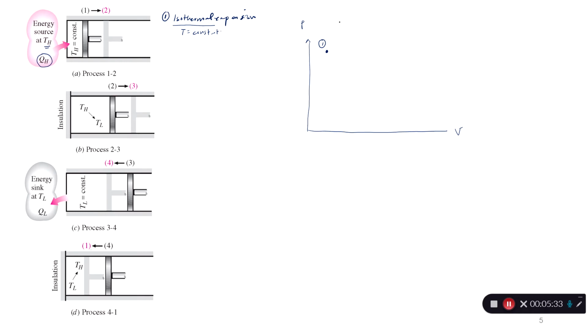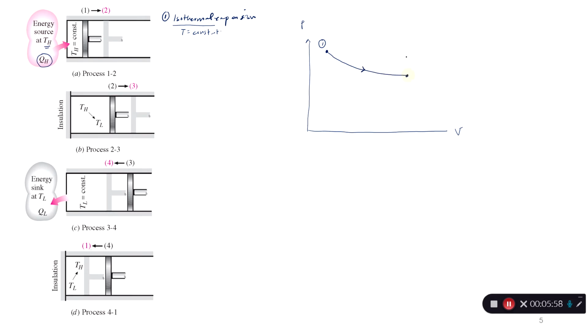Okay, so my point is the isothermal expansion or compression looks like this. Okay, something like that.